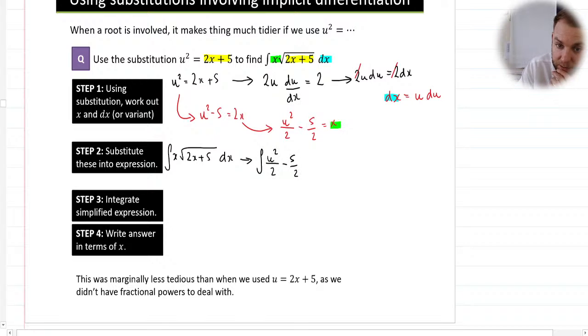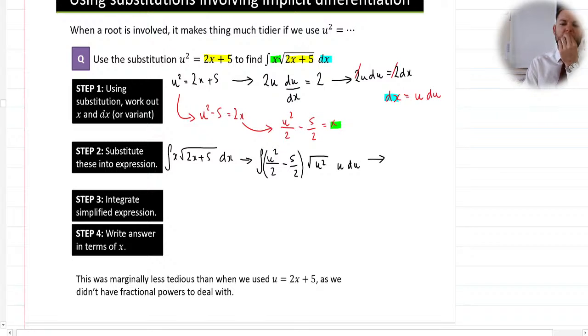That's for x. That's what I've just replaced the green part. Times by the root of this. So it's going to be the root of that yellow part, which I actually know is u squared. And dx I know is u times by du. Brilliant.